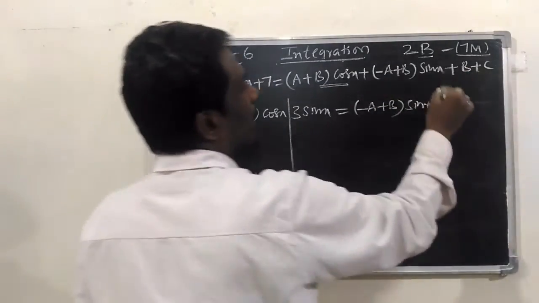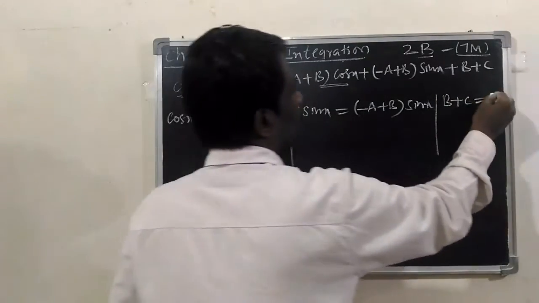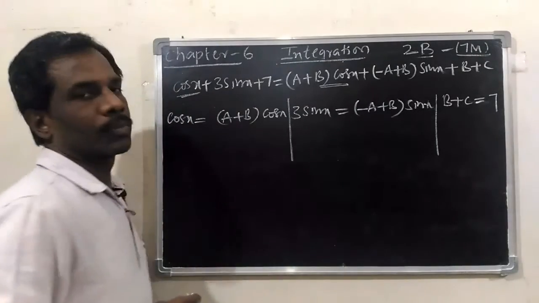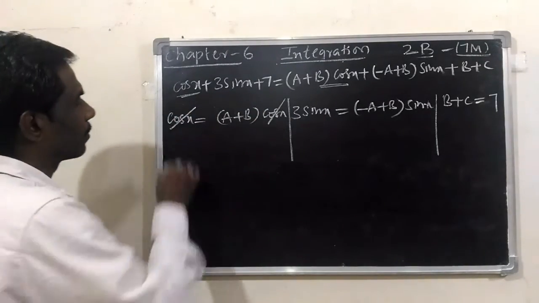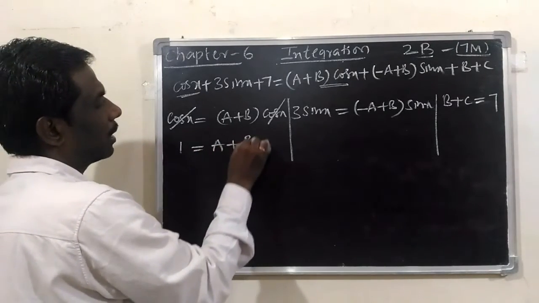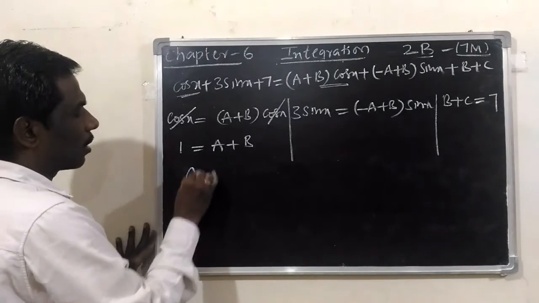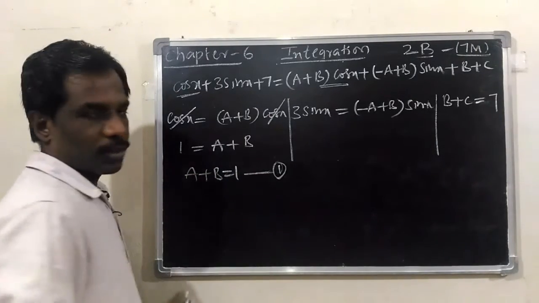Next the constant: b plus c equals 7. Now cancel cos x on both sides. Then what remains is 1 equals a plus b. So a plus b equals 1. This is the first equation.